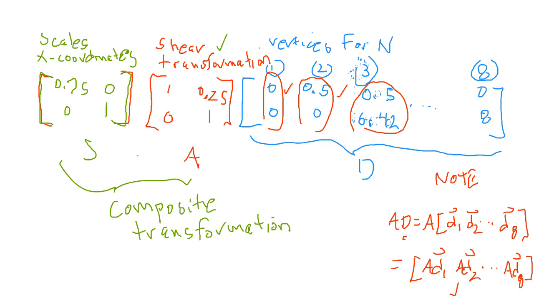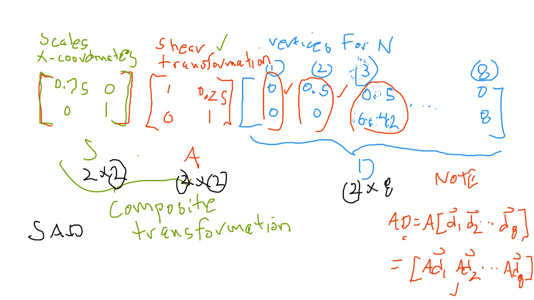Let's see, David says, wouldn't you need to? No, good question, David. So I have S times A times D. S is a 2 by 2, A is a 2 by 2, and D is a 2 by 8. So you got a match here. You have a match here. So the dimensions of S times A times D is an 8 by 8.